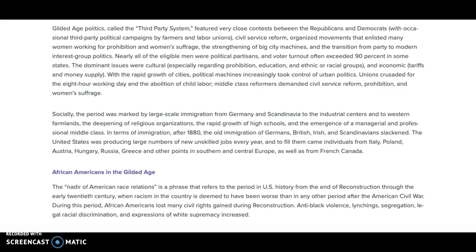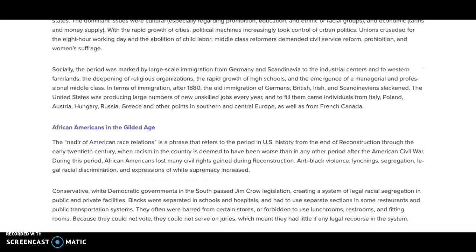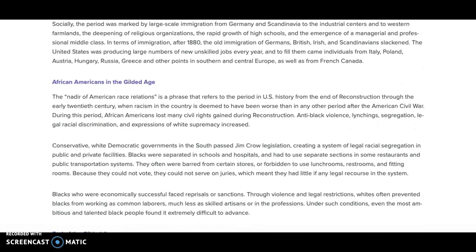Unions crusaded for the 8-hour workday and the abolition of child labor. Middle-class reformers demanded civil service reform, prohibition, and women's suffrage. Socially, the period was marked by large-scale immigration from Germany and Scandinavia to the industrial centers and to western farmlands, and deepening of religious organizations, the rapid growth of high schools, and the emergence of a managerial and professional middle class.